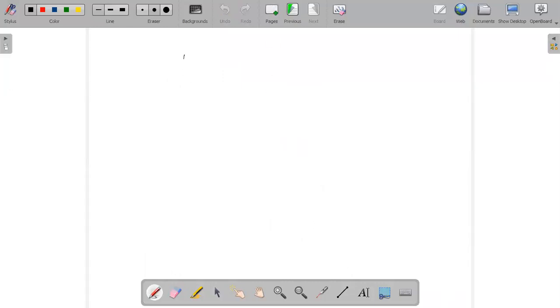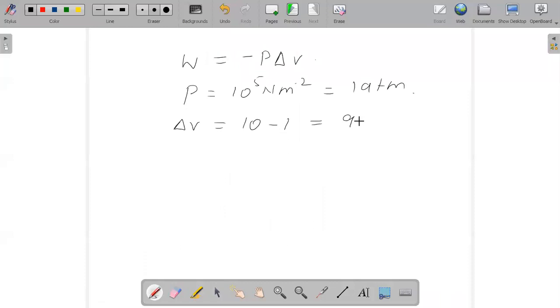work done is equal to minus P delta V. P they have given us to be equal to 10 to the power of 5 Newton per square meter, which is nothing but your 1 atm. Delta V change, it's given 10 minus 1, that is equal to 9 liters. And hence we know P and delta V, we can substitute in W, that is minus of 1 into 9 into 101 divided by 1000.